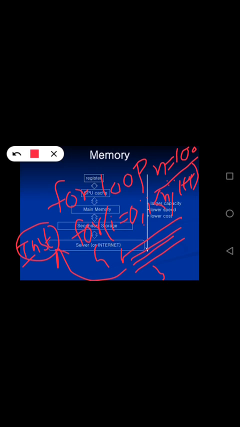This leads to increasing execution time of the instructions.